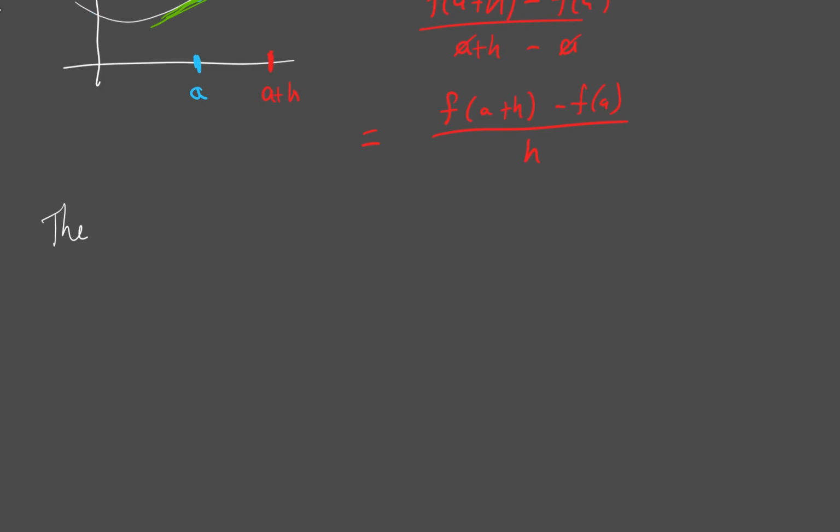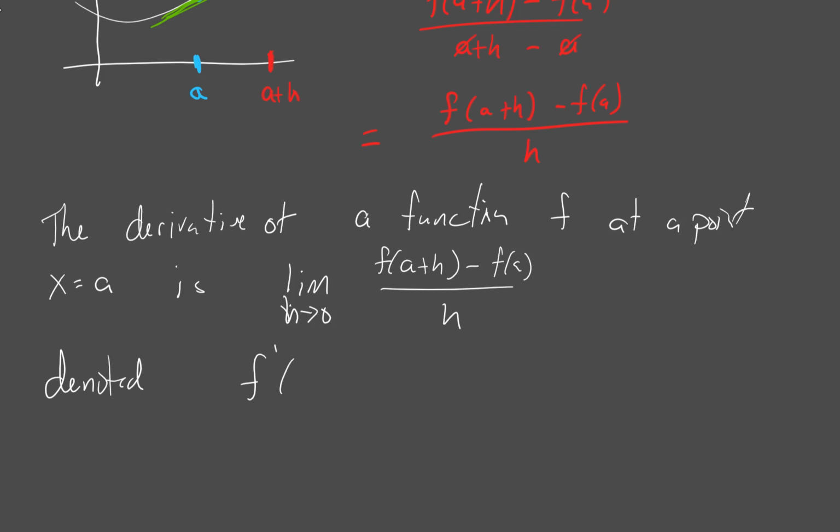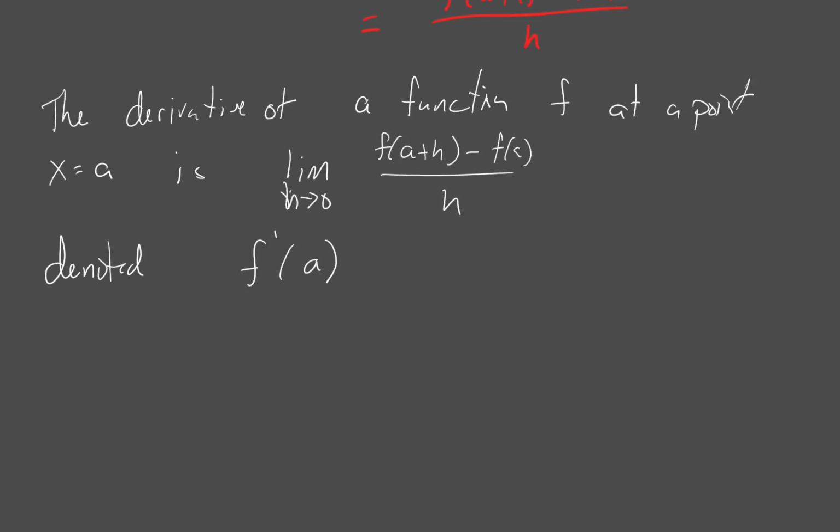The derivative of a function f at a point x equals A is the limit as h goes to 0 of f of A plus H minus f of A over H, and is denoted f prime at A.